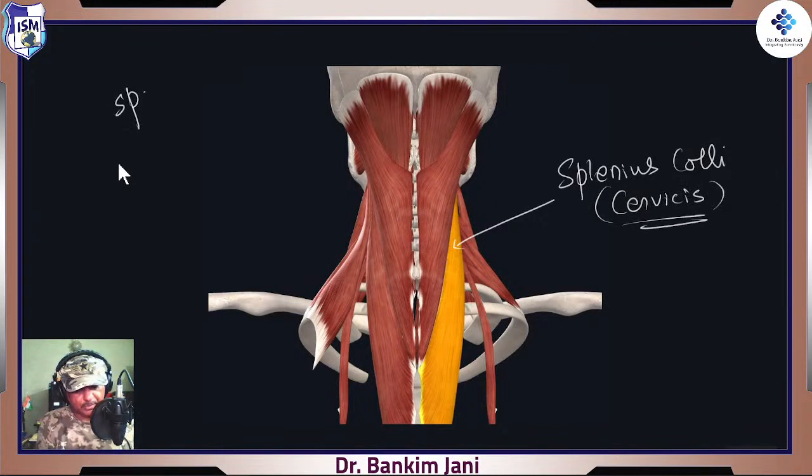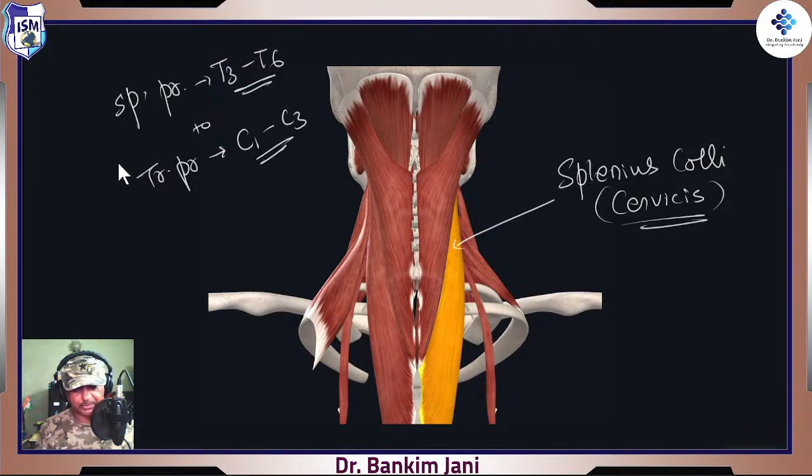The name itself is telling that it starts from the spinous processes all the way from T3 to T6, at the thoracic level, and on top it goes to the transverse processes in the cervical region from C1 to C3. So two extremes, right?